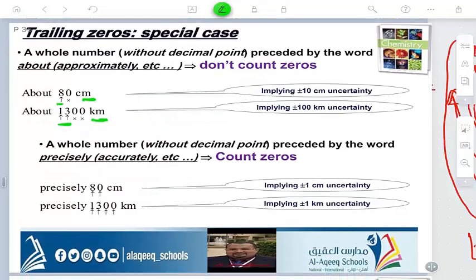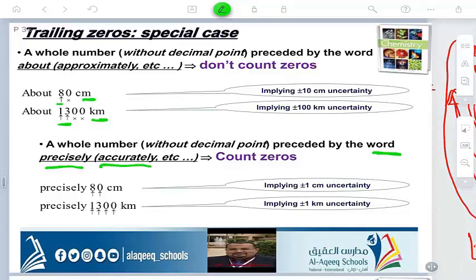What if it's like this, do we count the zeros or not? If it's a whole number without a decimal point, like the previous one, but preceded by the word precisely or accurately, at this moment we count these zeros.